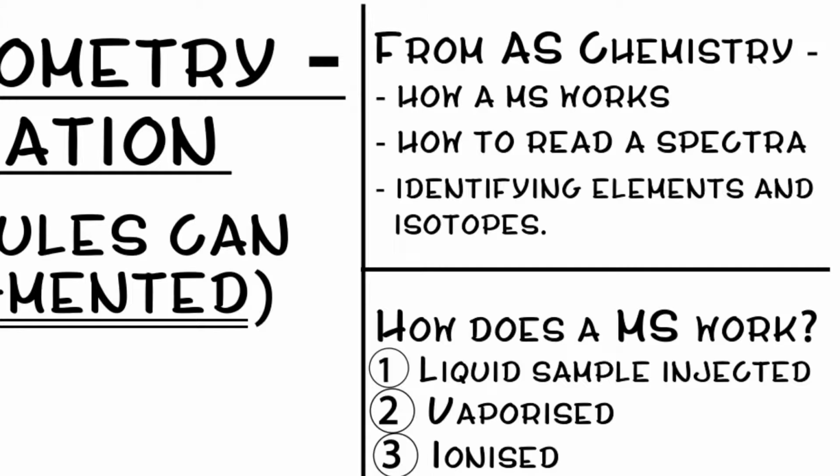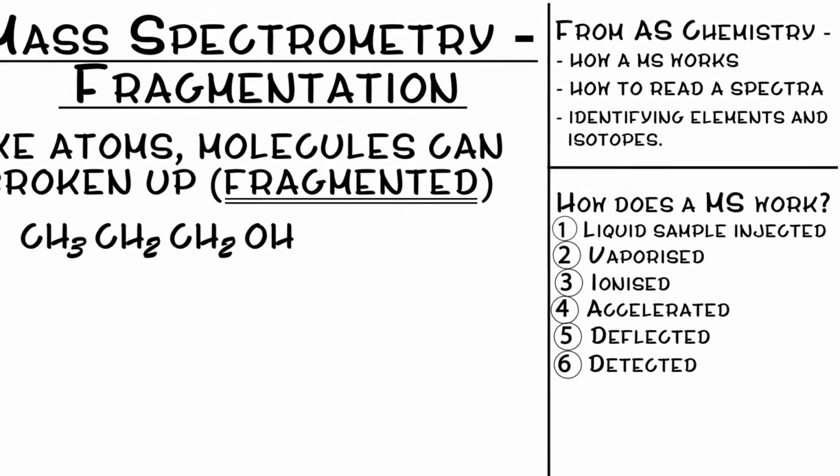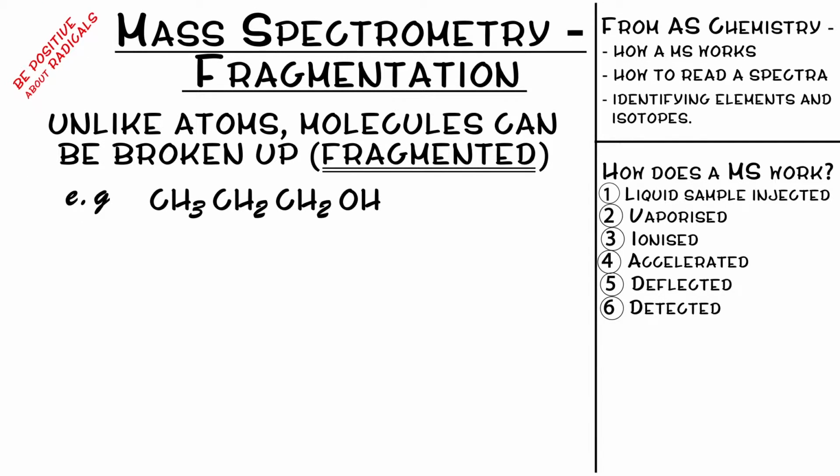That's fine, but at A2, they expect you to take that one step further, and they expect you to be able to identify molecules instead of just atoms. So we're taking a little bit more complex step. And that's effectively what we're going to look at here. And we're going to look at this kind of idea of fragmentation as well in a mass spectrometer.